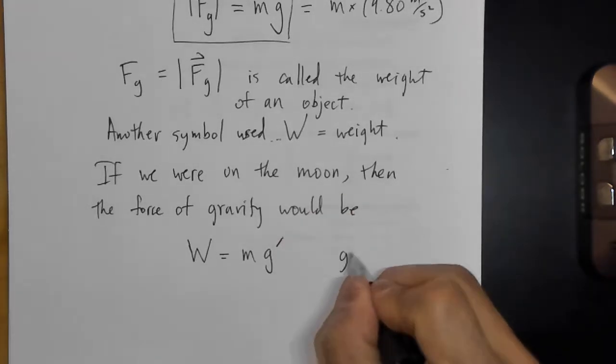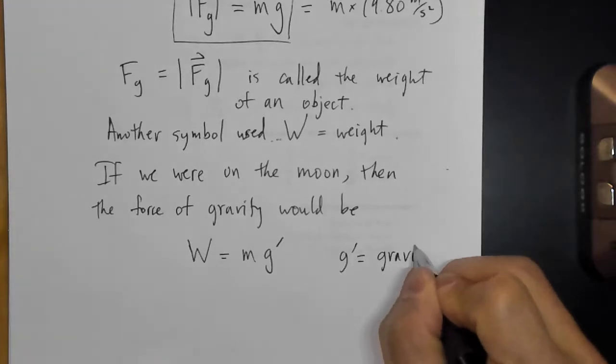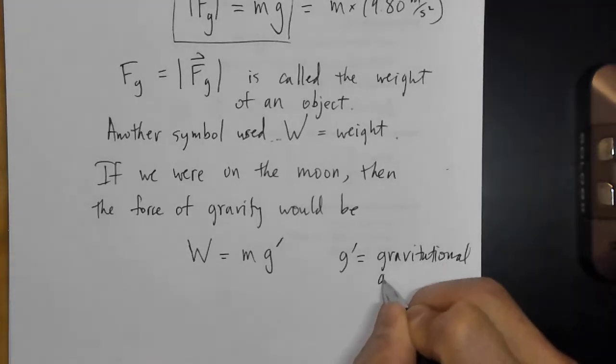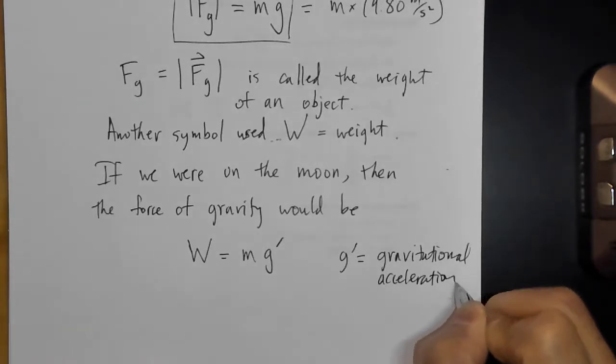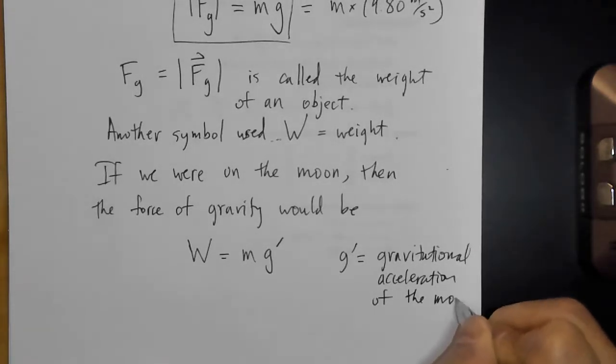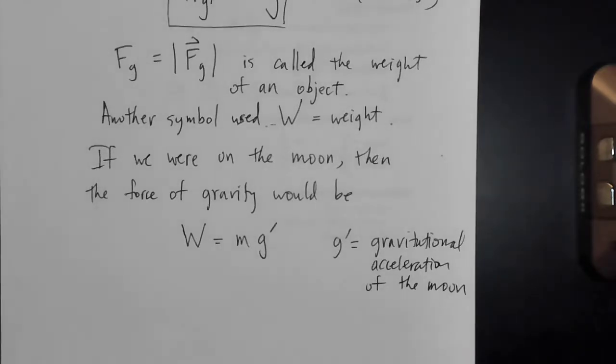And so this g prime will be the gravitational acceleration on the moon. Okay, so it's just a simple formula, if you know the gravitational acceleration on the surface of whatever, a planet or a moon or something else. I was going to say star, but it's unlikely you'd be standing on a star. Then the force of gravity would be m times that gravitational acceleration. Okay, any questions about this?